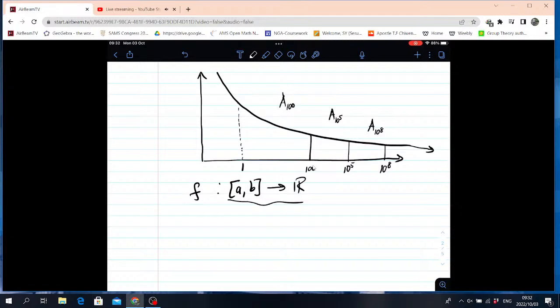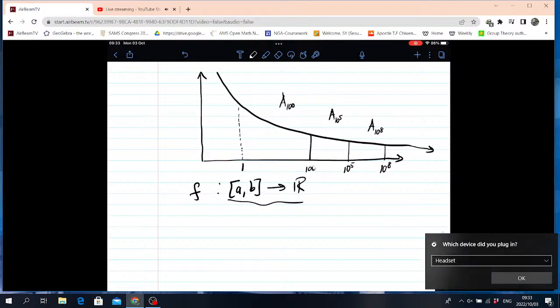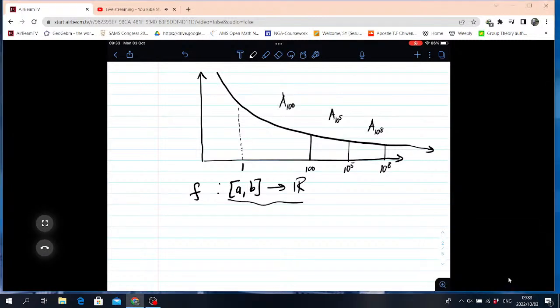Okay, so the volume is still low. Let me try and put a different set of headsets. Maybe it might help. Okay, I've put a different set of headsets.